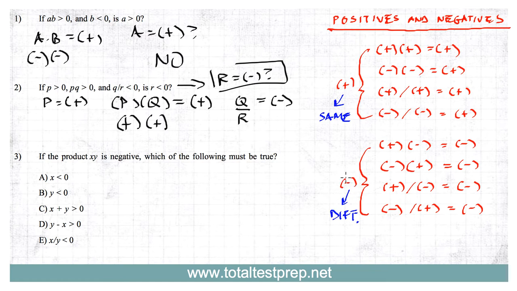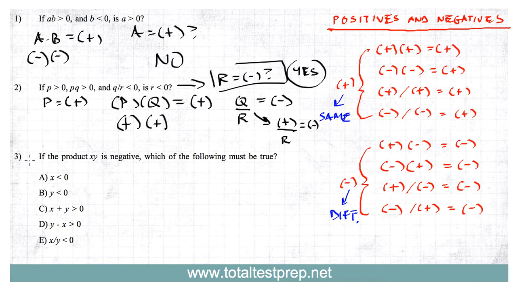So a negative result in division of two numbers means they have different signs. So if I know that q is positive, I can rewrite this as something positive over r is negative. If a positive divided by r gives us a negative, r has to be negative. They have to be different signs. So the answer here is yes.